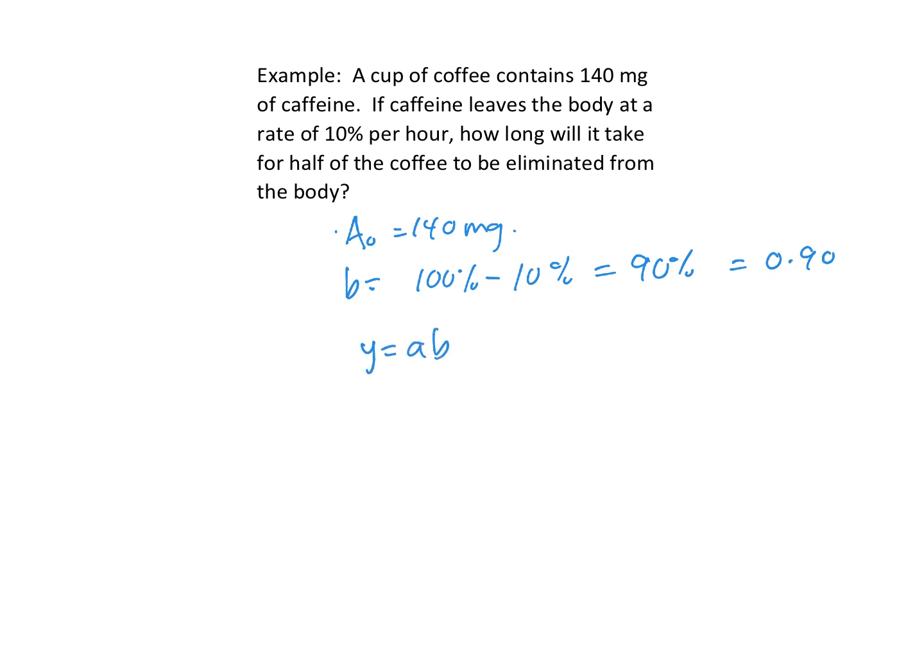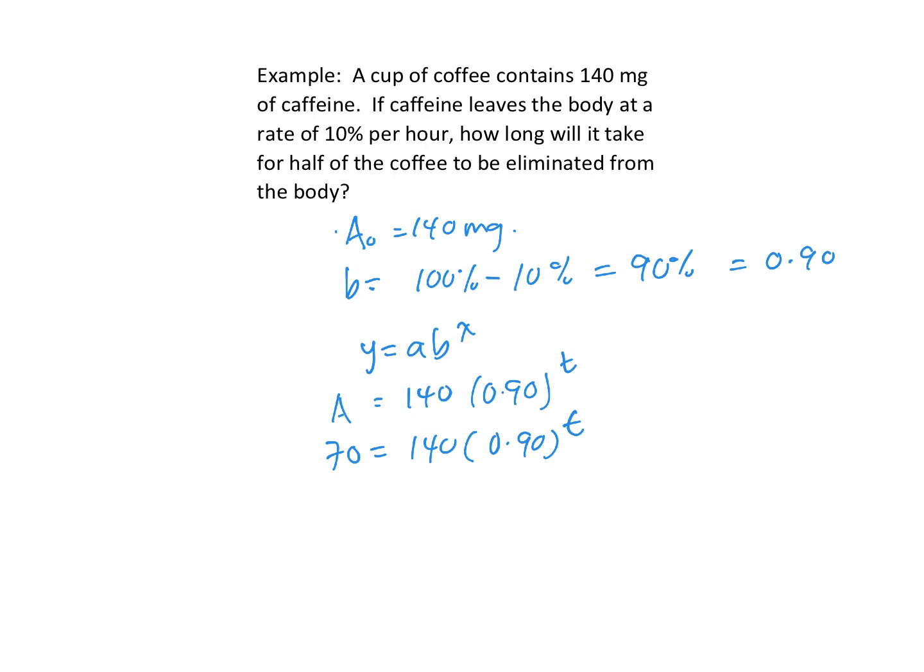So we'll still use the same exponential model. We've got 140 to start. We have a common ratio of 90%, and t is time. It wants to know how long it will take for half of the coffee to be eliminated. So our end amount would be 70.